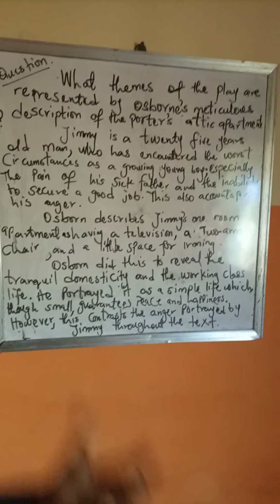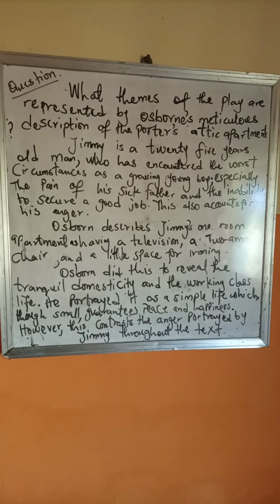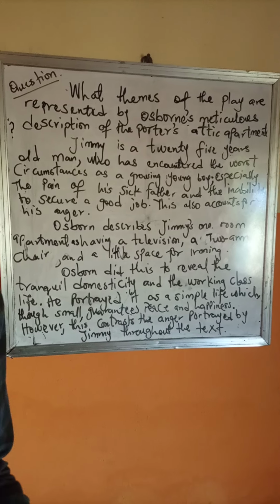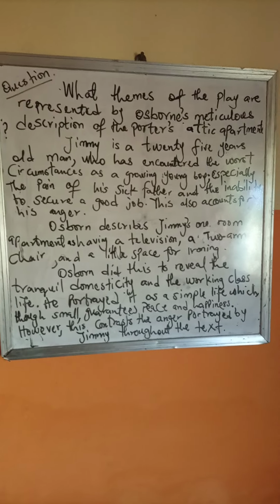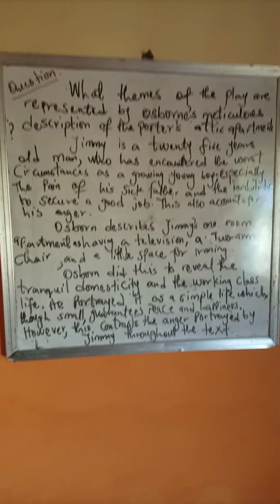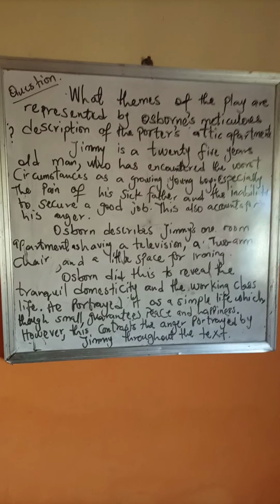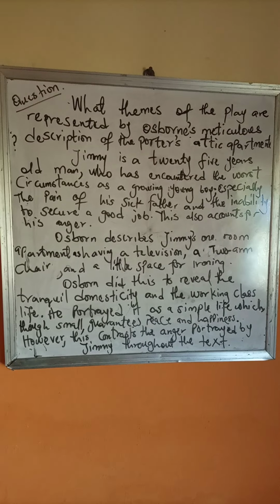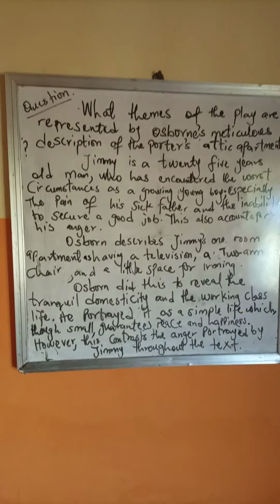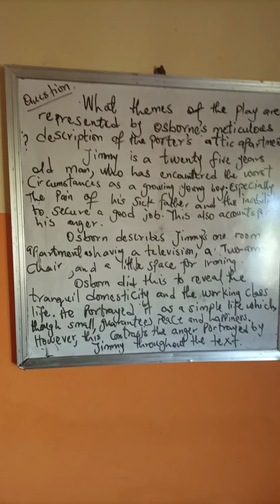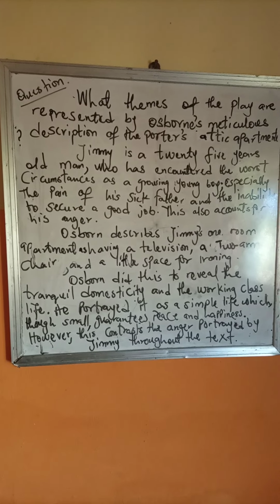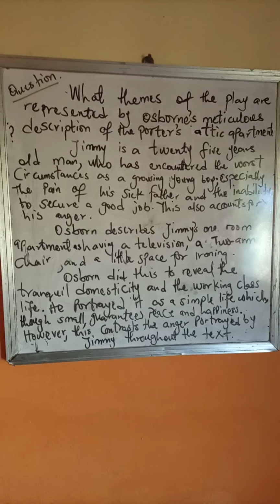So we are able to understand that it's an enclosed place. It's a very small place. And this also pictures the life of poverty that befalls the average working class person in contrast to the upper class.